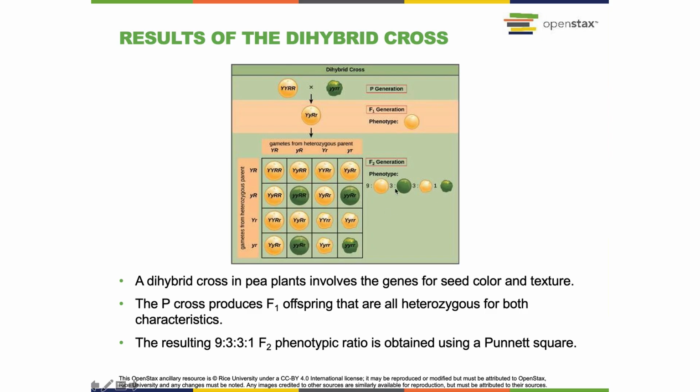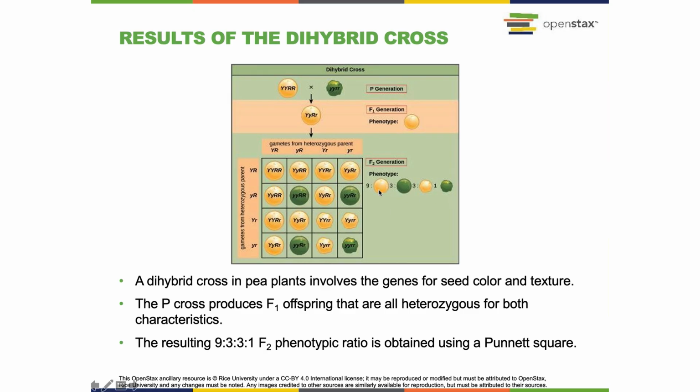And seeing this 9-3-3-1 ratio, and again, Mendel's working with thousands and thousands of offspring from the F2 generation. His numbers are more like 9,100 versus 2,912 versus 2,813 versus 905.